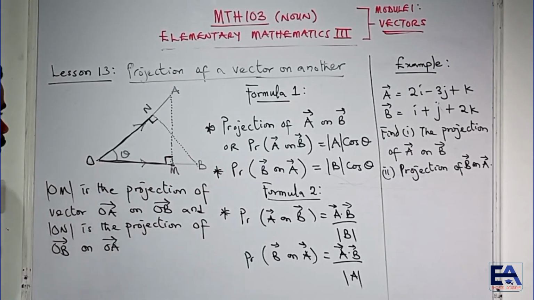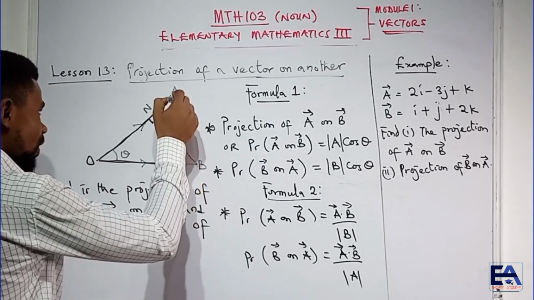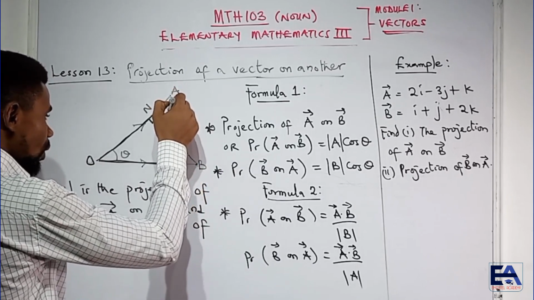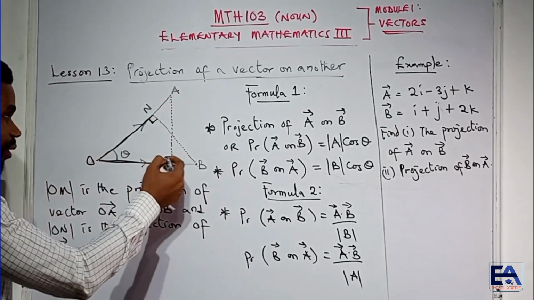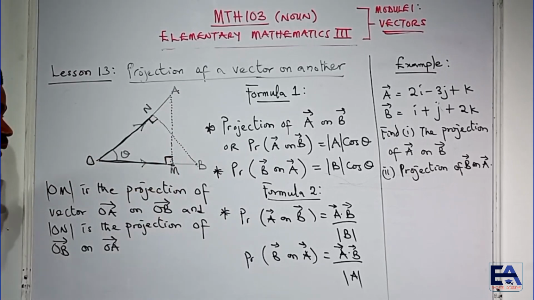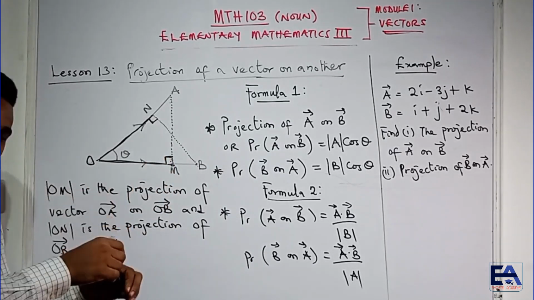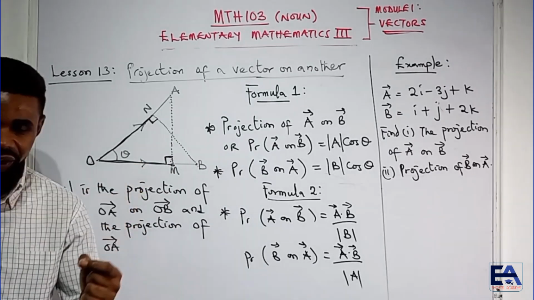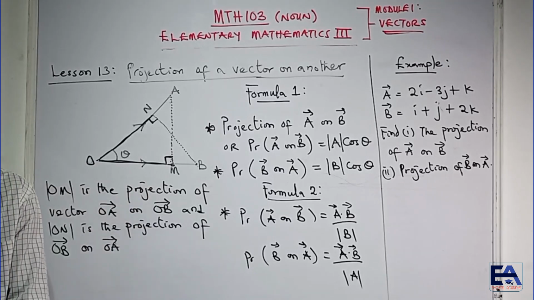All right. So that particular point where a line from one vector lands on the other vector such that it will form a perpendicular relationship with the other vector, that is an angle 90 with the other vector, that particular point is what we call the projection of the vector on the other vector.